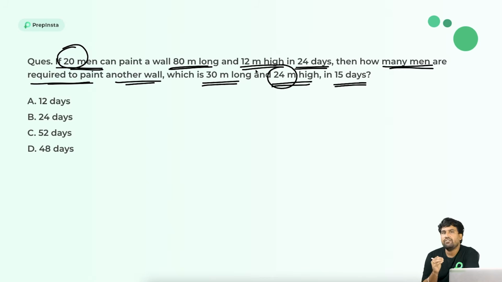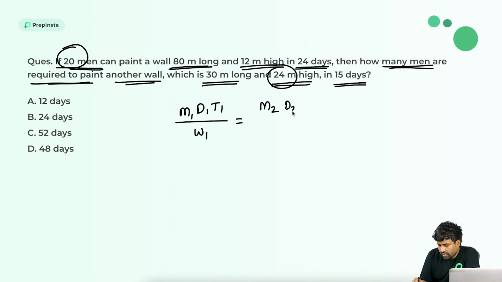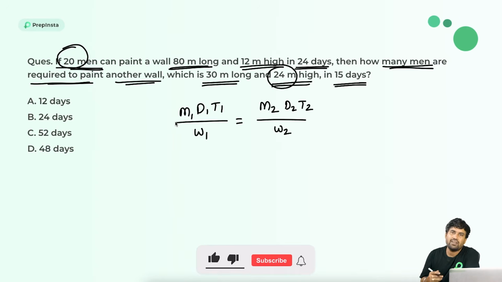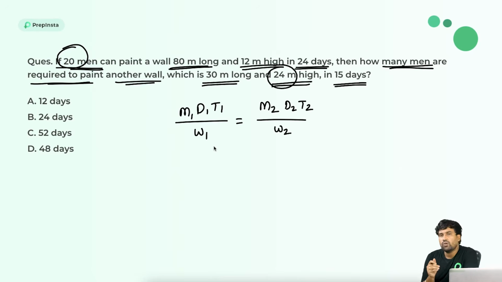We have a straight away formula for the combination of work: M1 D1 T1 divided by W1 is equal to M2 D2 T2 divided by W2, where M represents number of people, D represents number of days, T represents number of hours or time taken per day, and W is nothing but work done.